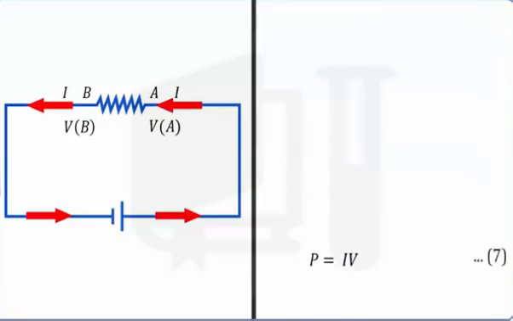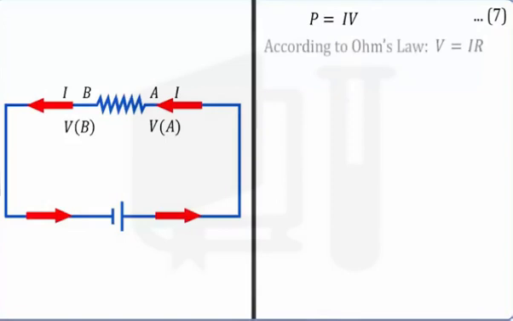According to Ohm's law, we have V = IR. On substituting the value of V from Ohm's law in equation 7, we get P = I²R. Let this be equation 8.